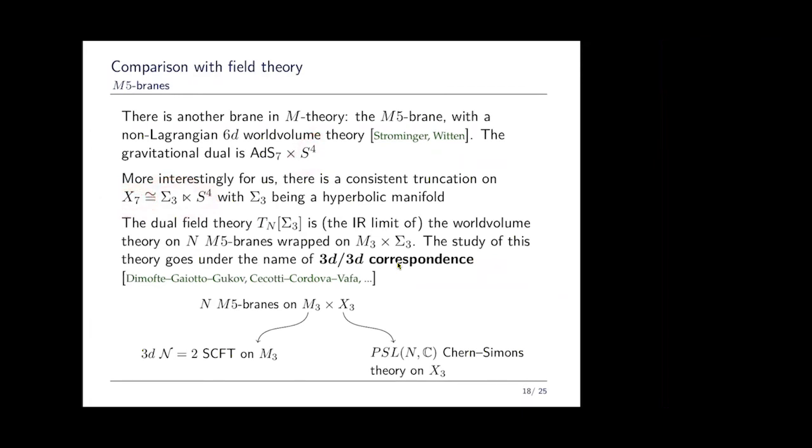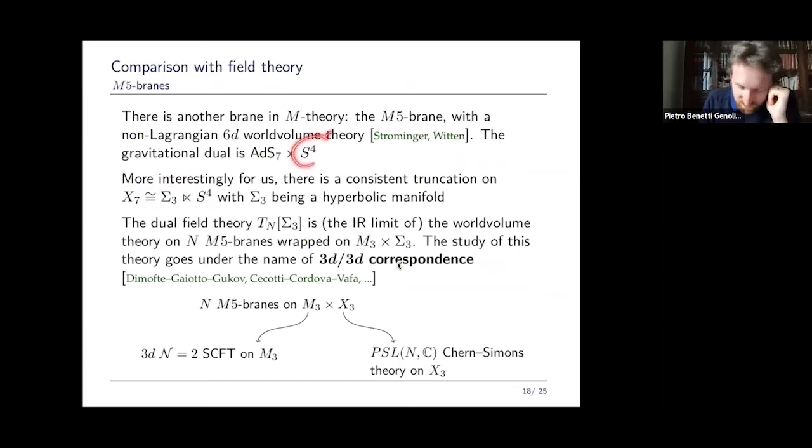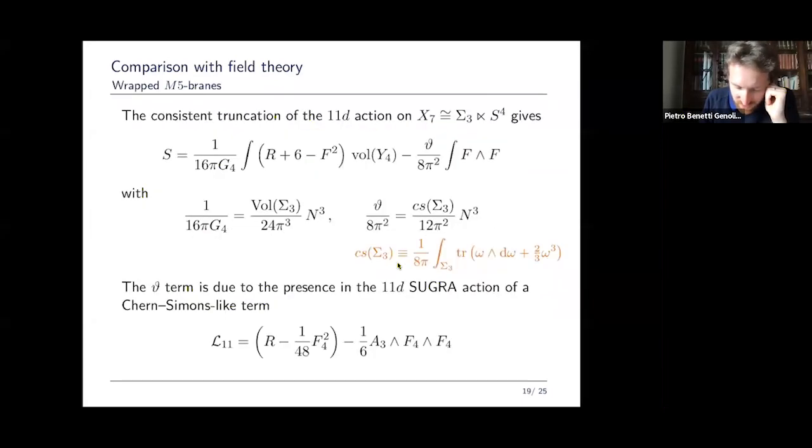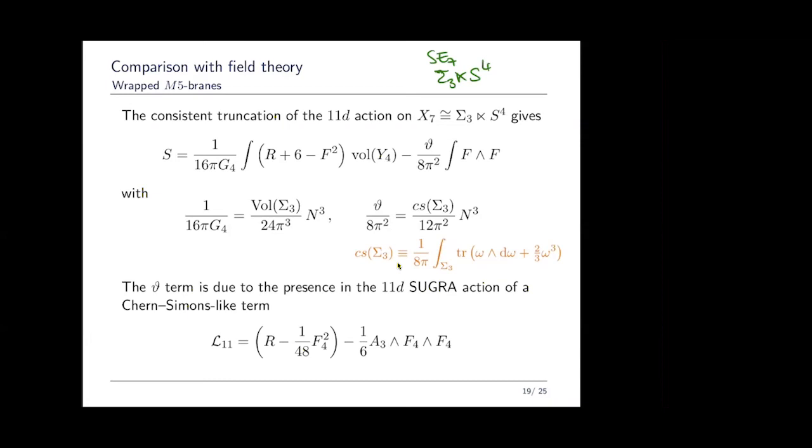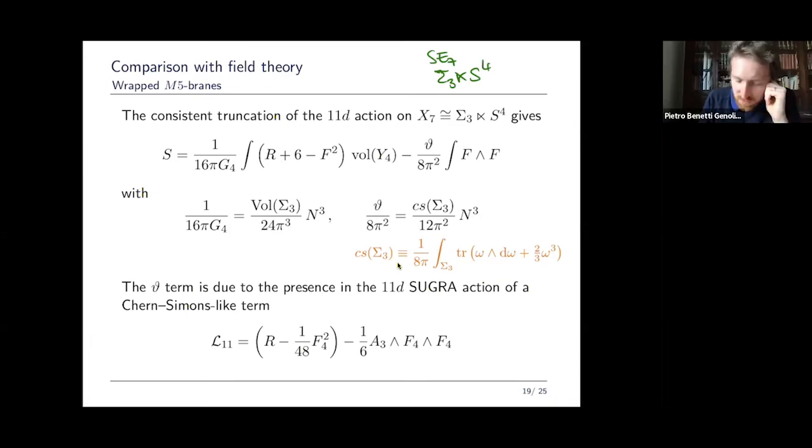This is the internal space, X7, which in the cases I've shown you is SE7 or sigma 3 times S4. The S4 part is compact, and this is assumed compact. This can also be non-compact, but that's just a property of hyperbolic manifolds, which can be non-compact but have finite volumes.